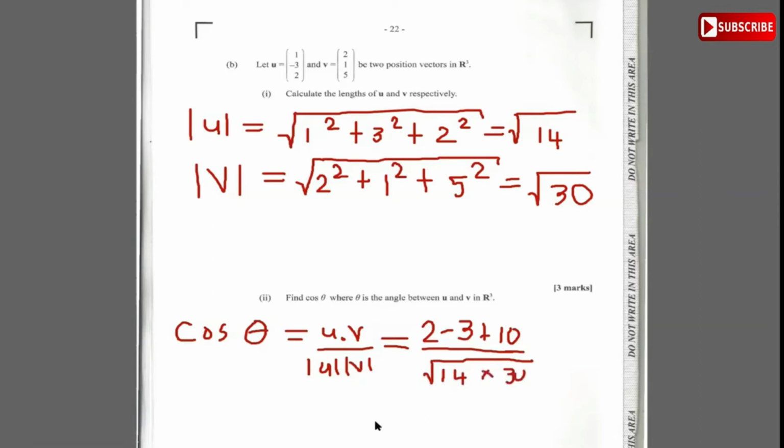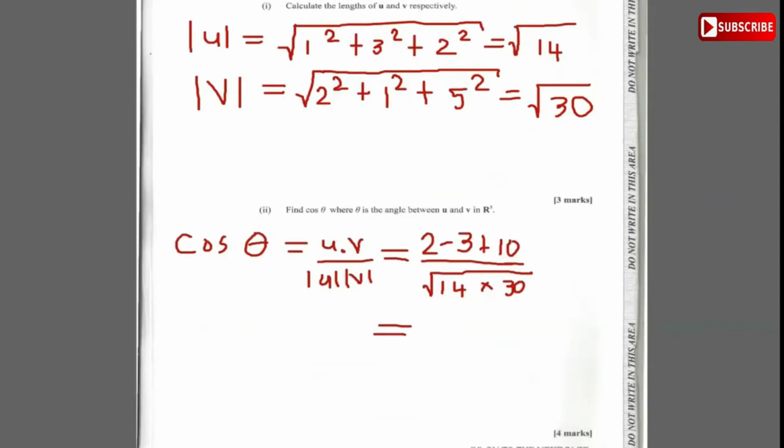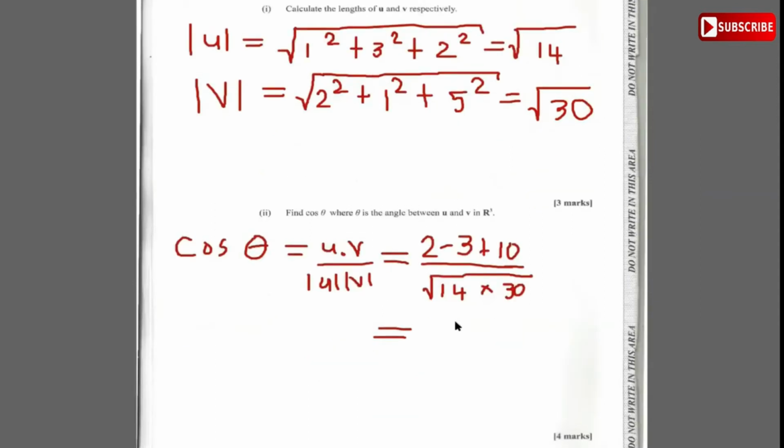So this simplifies to 2 minus 3 plus 10, which is 9, divided by the square root of 14 times 30, which is 420. So 9 divided by the square root of 420.